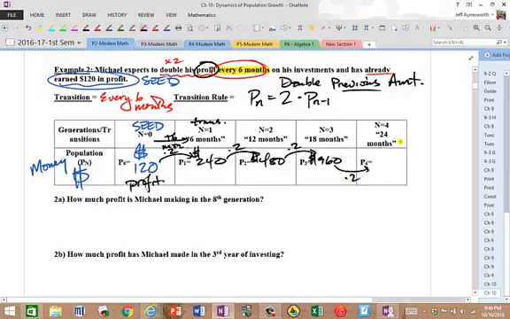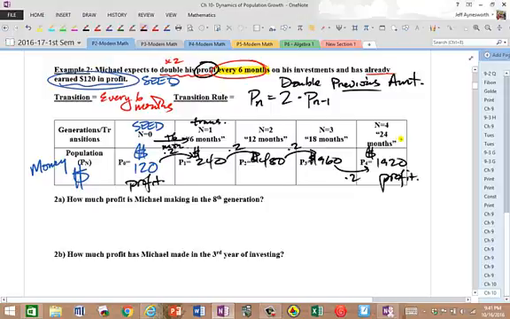We're doing well. After 2 years, or 4 transitions, we went from 120 to 1920 bucks in profit, which is not too bad. You start off with 120 and end up with 1920. That's pretty darn good, guys.